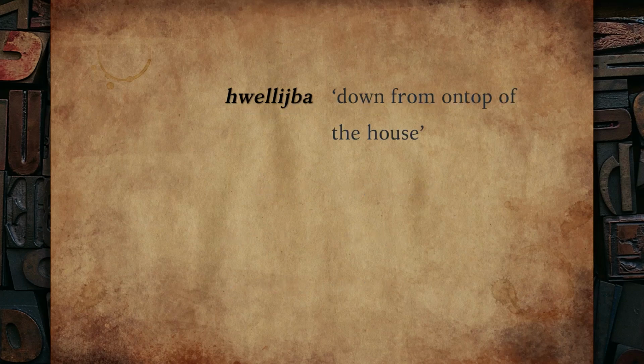The second example is a bit more complex. Hueliba, down from on top of the house. We have the genitive because we have a movement away from something, right? From on top of the house. And we have the tangential proximity because it is from on top, right?